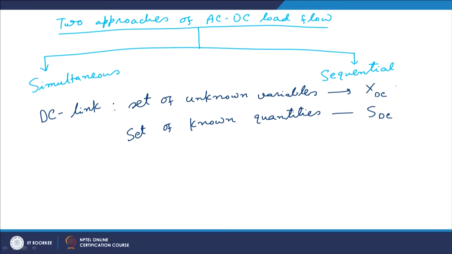Obviously, the number of elements in the set XDC should be equal to the number of elements in the set SDC, because the number of unknowns and the number of equations, that is the known quantities, should be equal to each other, otherwise we cannot solve this problem.